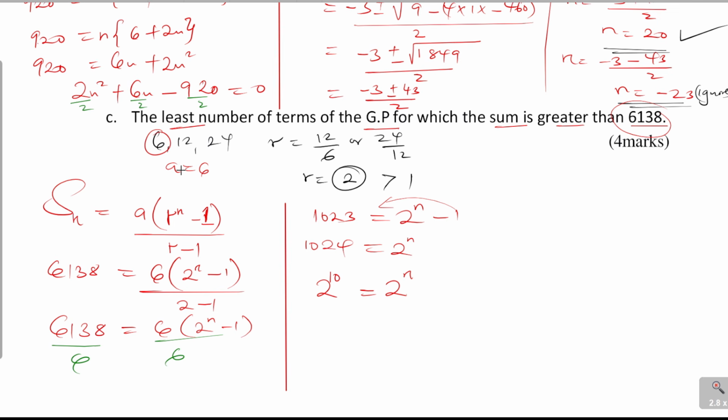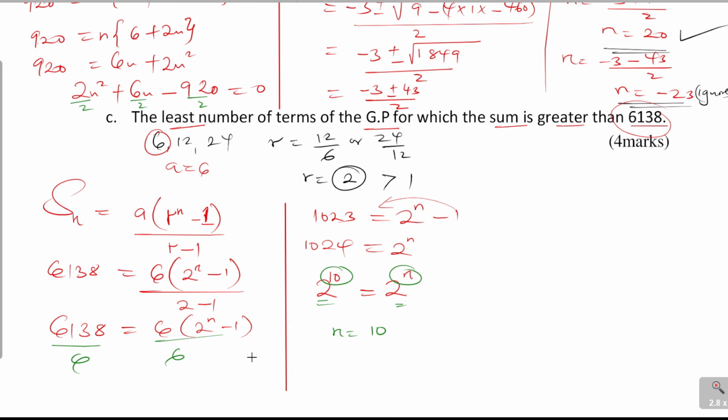So using indices, the bases are the same, so that means n is equal to 10. So now what we have is the number of terms of the GP that will give a sum that is 6138. So 10 terms are the ones that will give us exactly the sum of 6138.